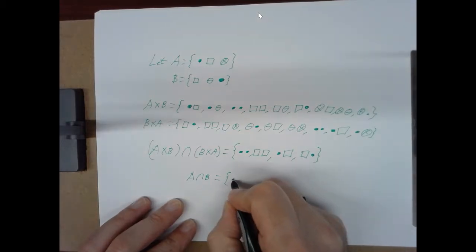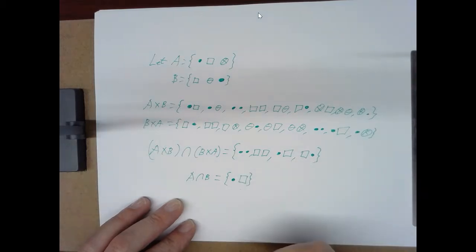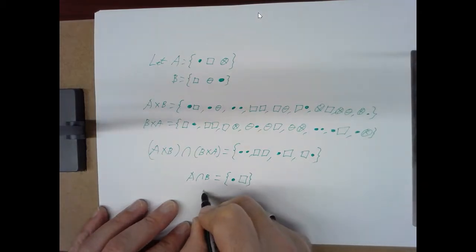Yeah, dot and the square. Is it equal to the union of A and B cross the union of A and B? That seems like a reasonable theory to me.